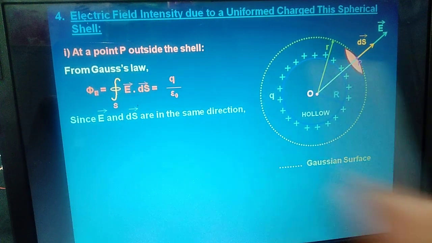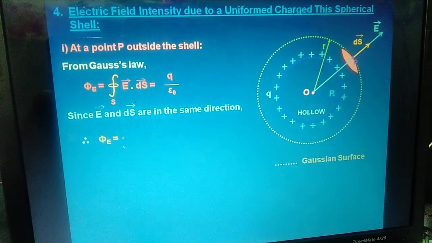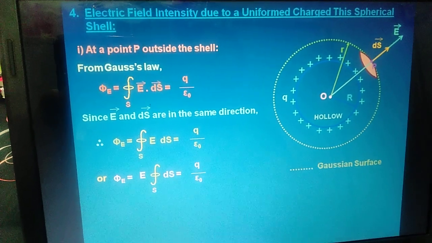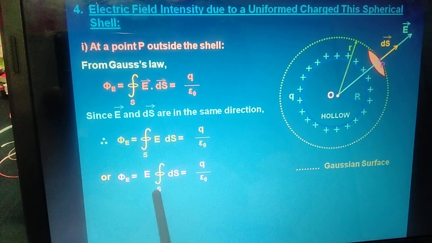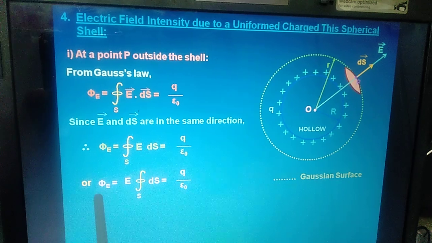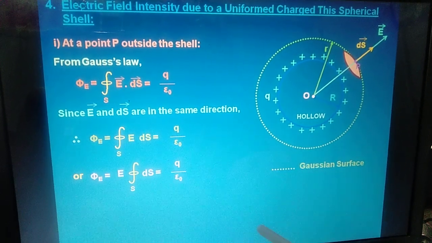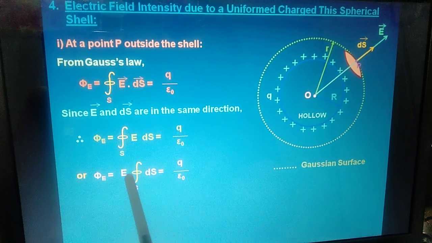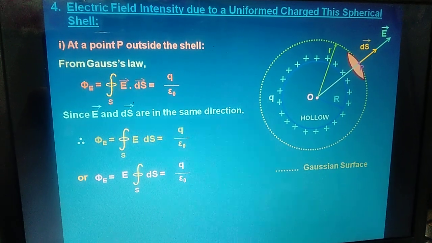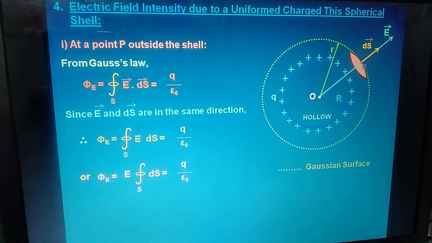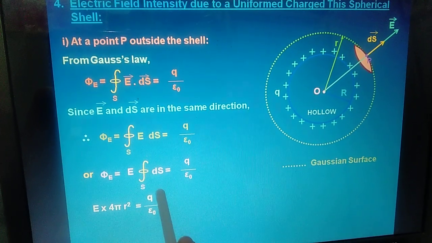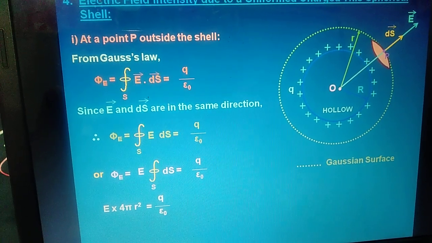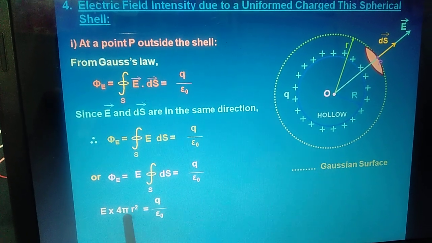Since E and ds are in the same direction, E ds is equal to Q by epsilon naught. We are finding the electric field, not the flux, so it is not required to write the flux every time. Take the electric field outside, and the integral of ds over this surface is the surface area of the sphere, which is equal to 4 pi r square.